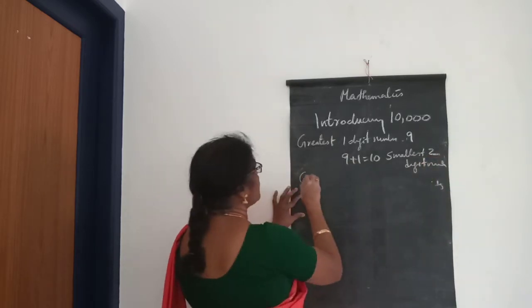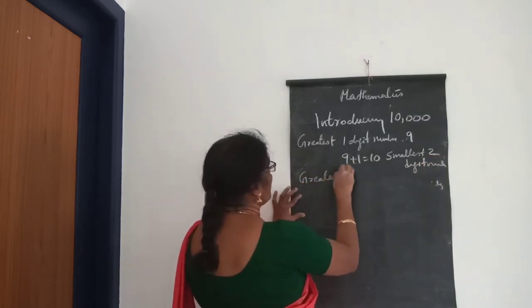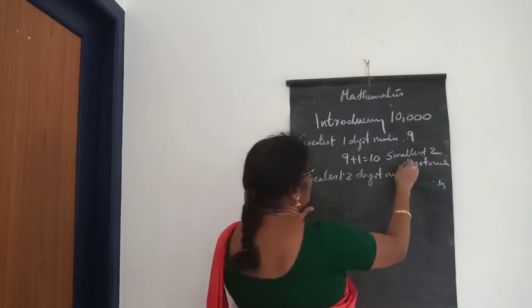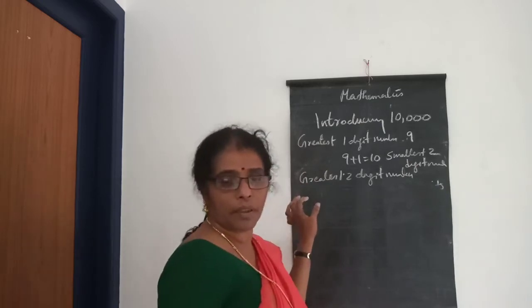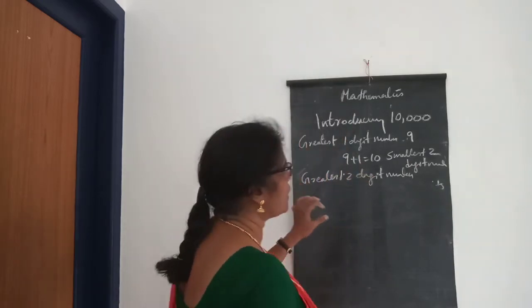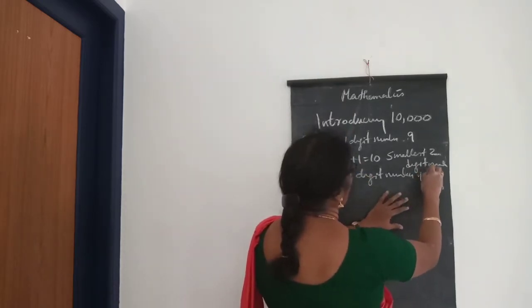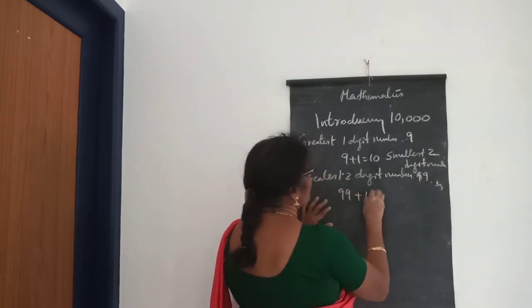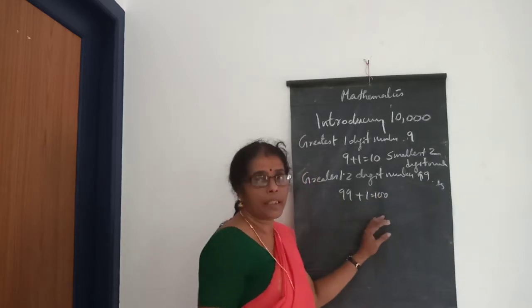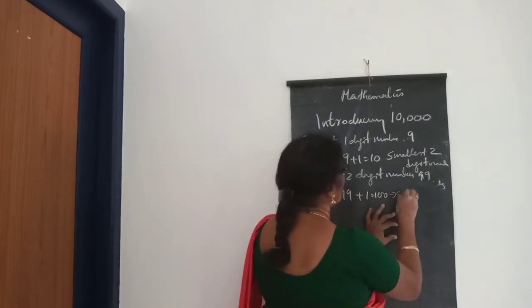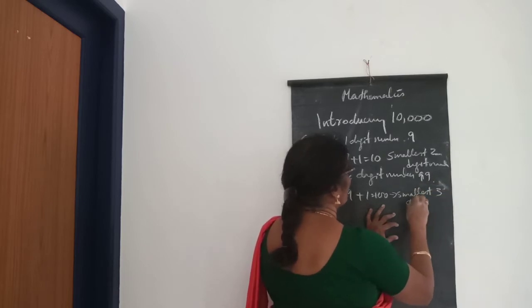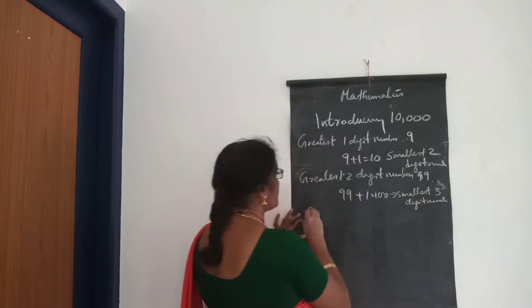What is the greatest two-digit number, children? That is 99, isn't it? If we add 1 plus 99, we will get the smallest three-digit number. And next, the greatest three-digit number.